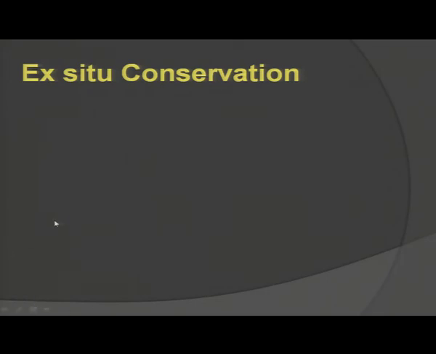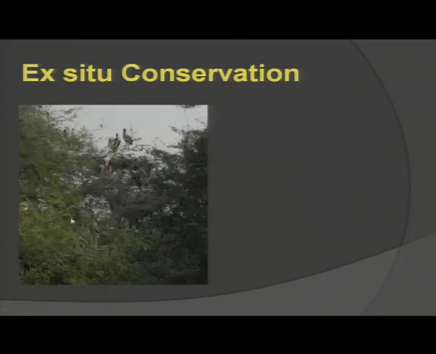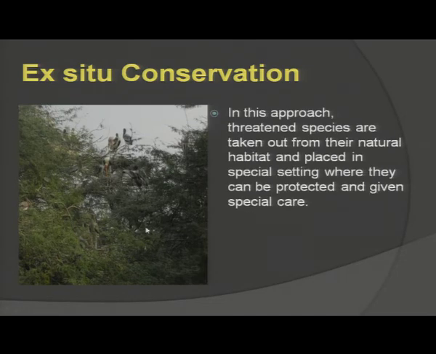Next, coming to ex situ conservation. This is a picture of the Delhi Zoo. So, the zoos are classified under ex situ conservation. What do we do? In this approach, the threatened species are taken out from their natural habitat and placed in special settings where they can be protected and given special care. Those species which are threatened can no longer be protected in the environment in which they are currently living.